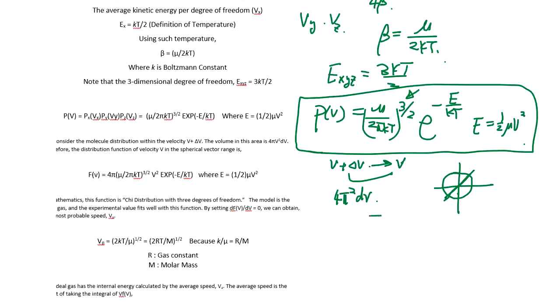So the number of molecules at the V is going to be 4 pi and this guy, and v square exponent minus e over kT.